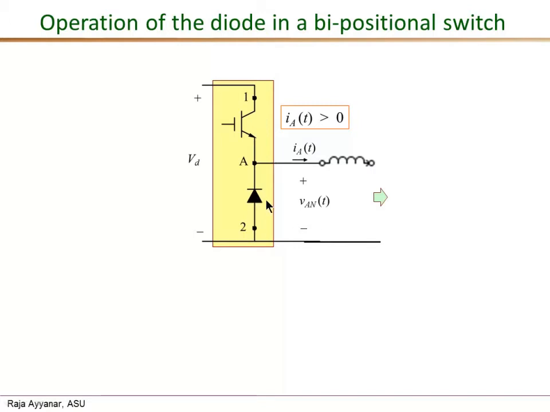So it automatically turns on without applying any gate drive. In general, diodes are less expensive compared to a fully controllable switch, and there is also no further complexity of gate drive and so on. So if we can do with a diode, we prefer to have a diode instead of a fully controllable switch in most cases.